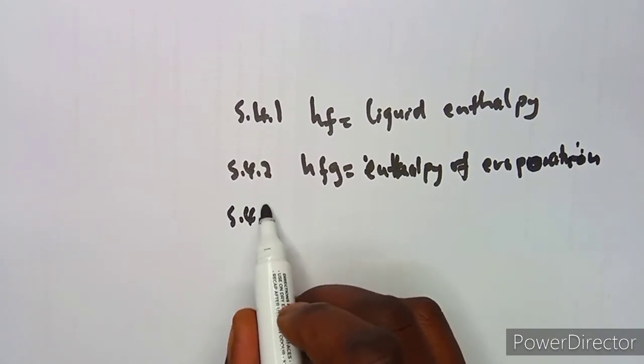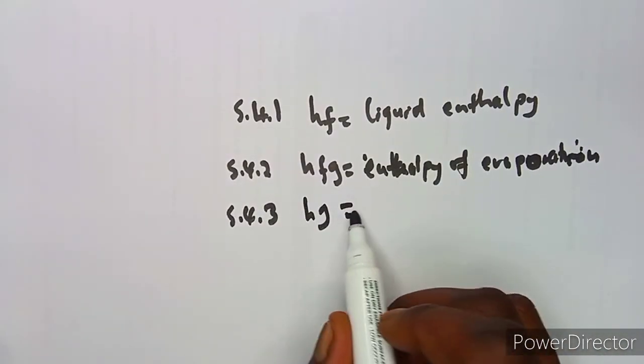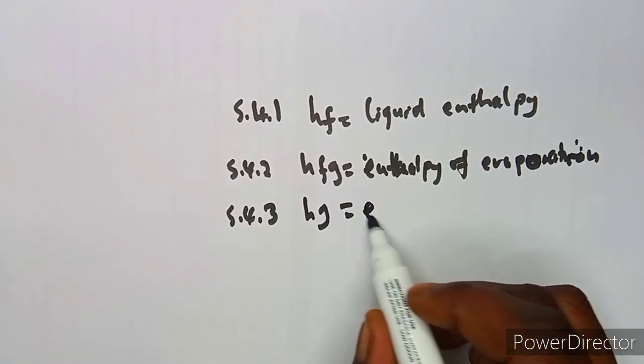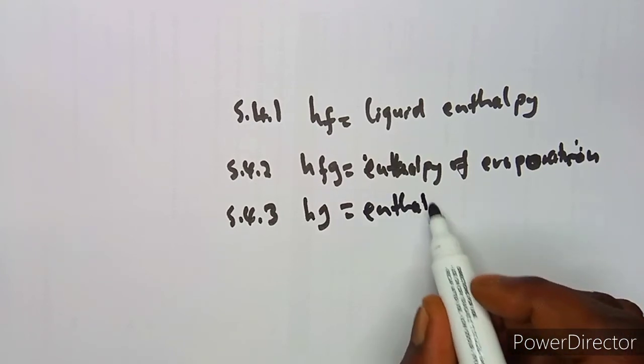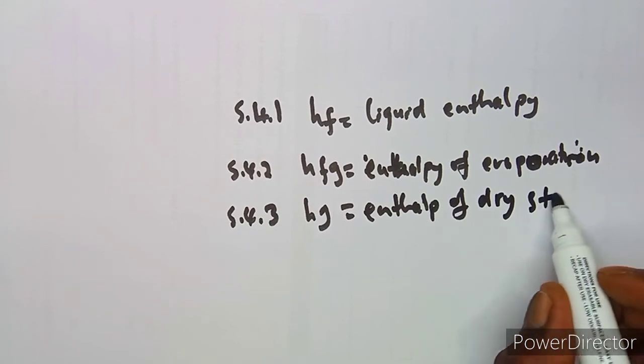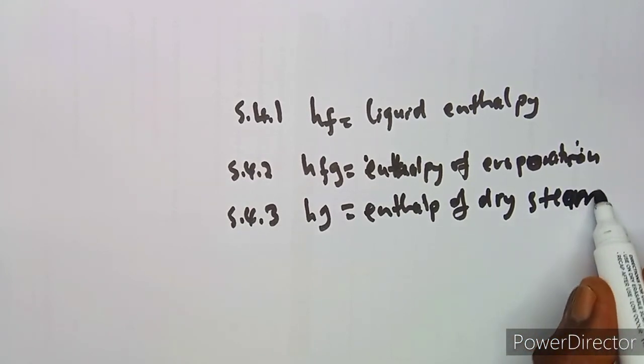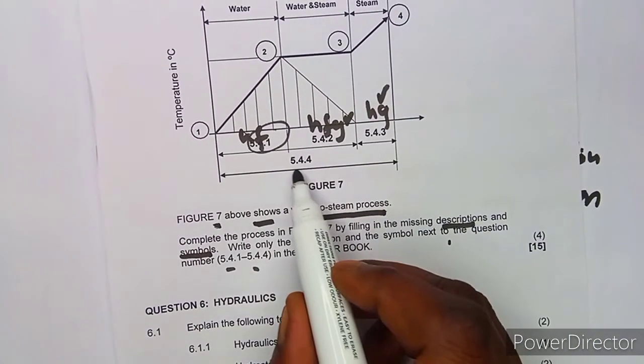We've got 5.43, which is for the dry steam, this one. So it's HG, that's the enthalpy of dry steam.